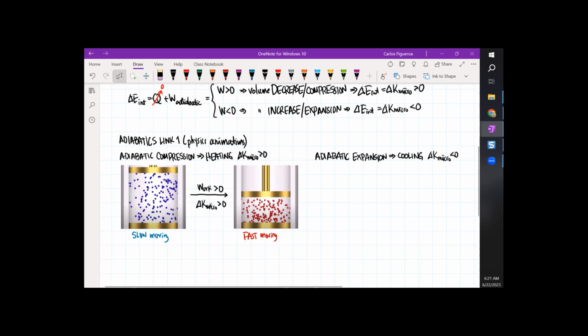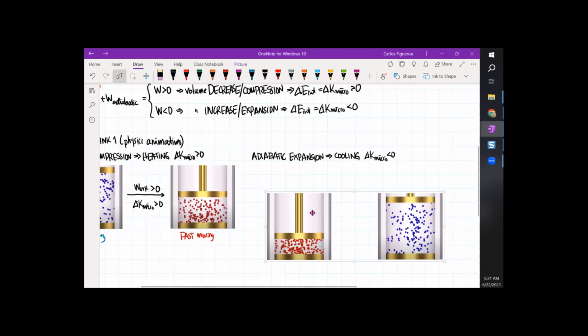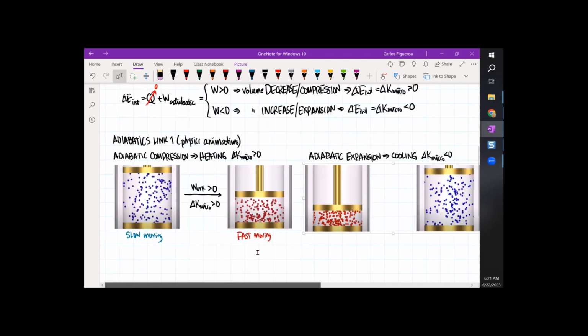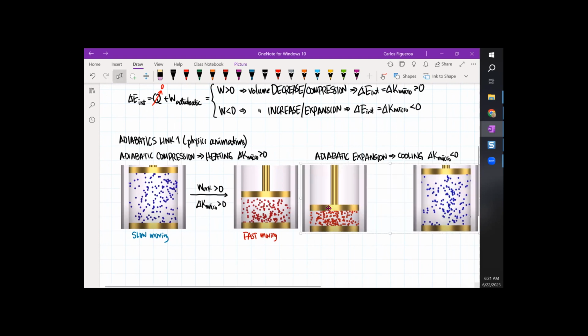So if I go get that image and put it in here, looks like I'm going to have to move this over here. What you're seeing here is that in this case, we're seeing an expansion going like this. So this expands, whereas in this case, we had a compression.